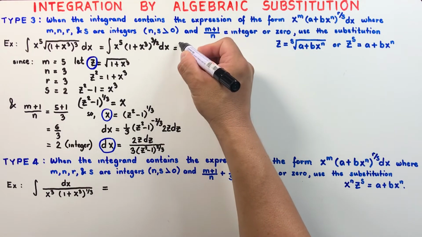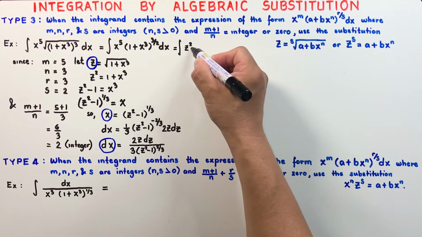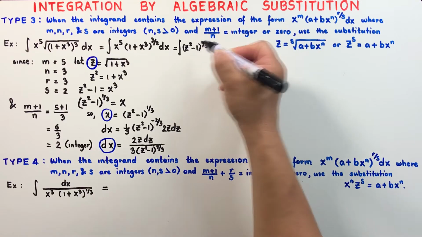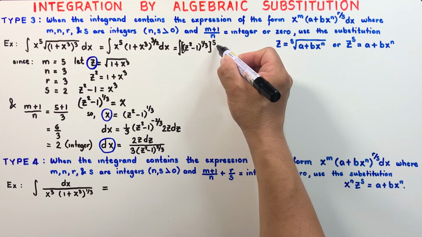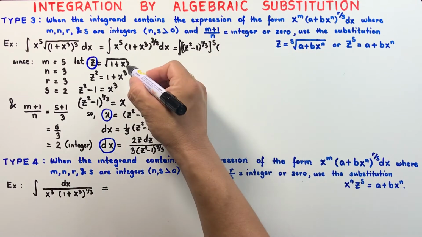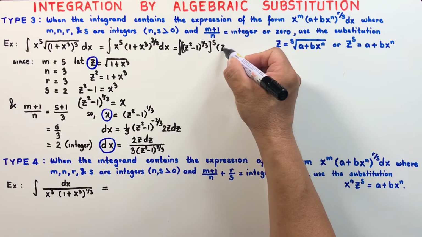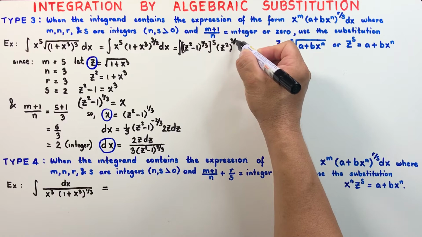And using this substitution for z, the square root of 1 plus x cubed, this is equal to the integral of x to the power of 5, but our x is z squared minus 1 to the power of 1/3, raised to the exponent of 5, times 1 plus x cubed, and 1 plus x cubed is z squared, so we have z squared raised to the exponent of 3/2.